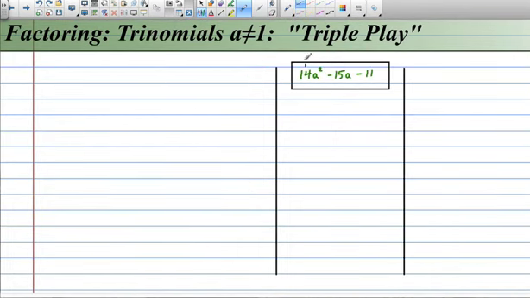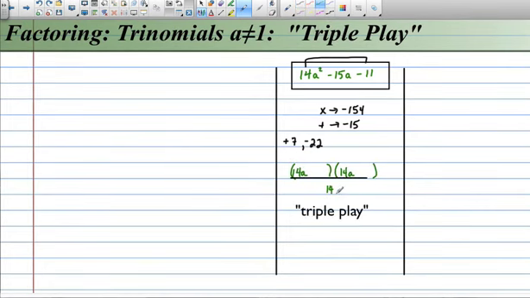Oh no, I don't want to do this one because it's such a high number. So multiply to a -154 and combine to give a -15. All right, now just try a bunch in your calculator. We have a 7 and a 22. Set up our brackets.